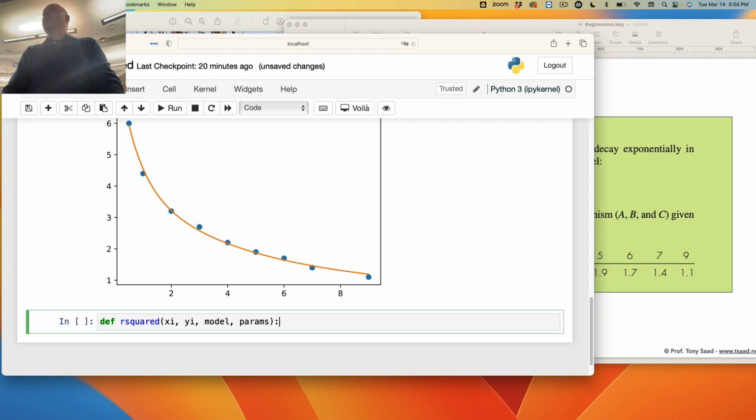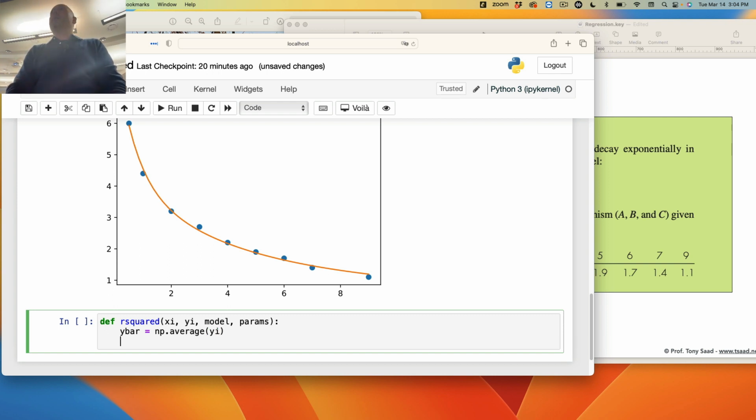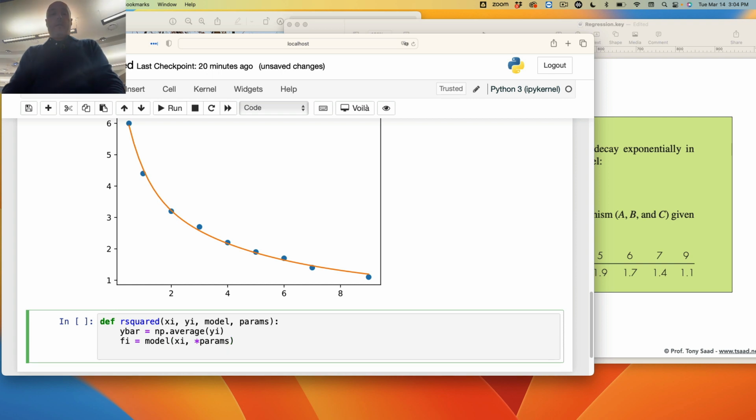Now, for the R² value, we calculate y bar as numpy dot average of yi, and then the fi values are the model evaluated at xi and *params. Then the result is, just write this as is. The formulas are in the slides, so you can connect the dots.